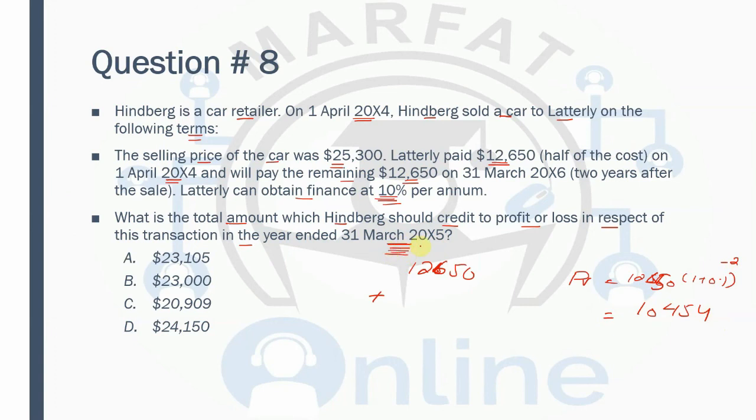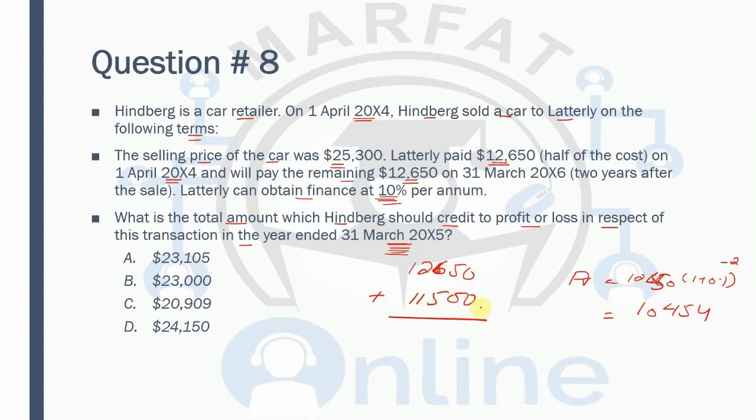By 31st March 20x5, there will be only 1 year left. So we'll be taking the 1 year discount factor: (1.1) raised to power minus 1, multiplied by 12,650. It is 11,500.